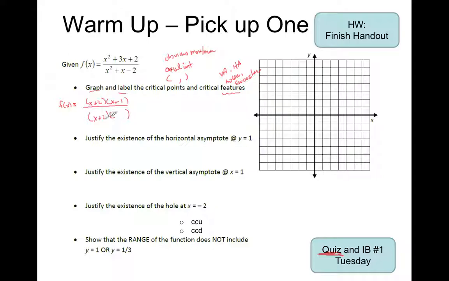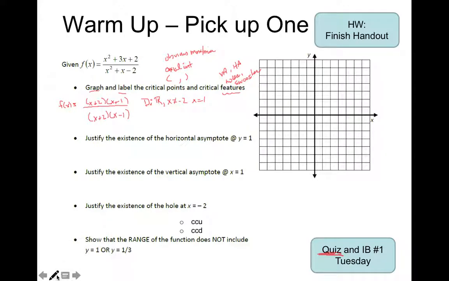X plus 2 and x what? Minus 1. So the first thing I do is the domain. Domain is all real numbers except x cannot be -2, x cannot be 1.